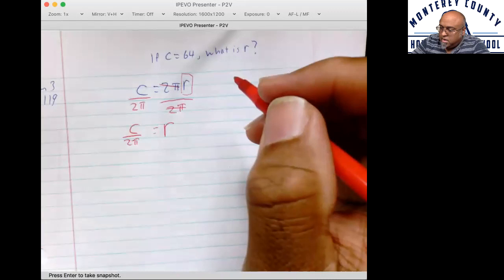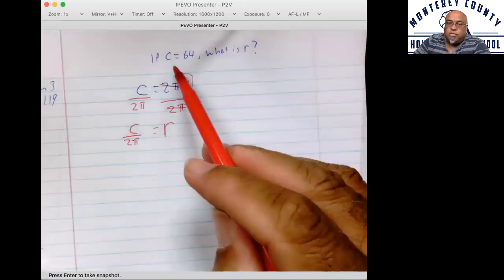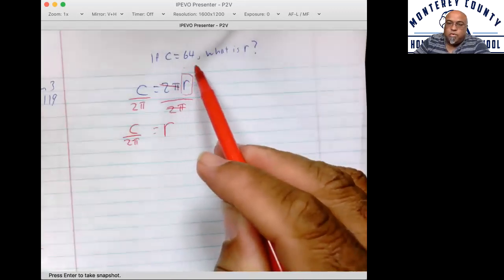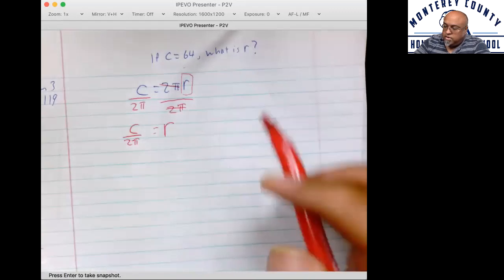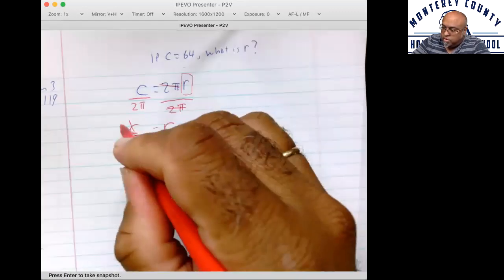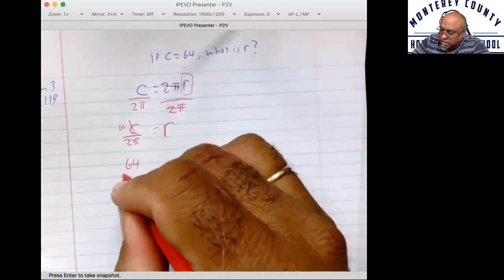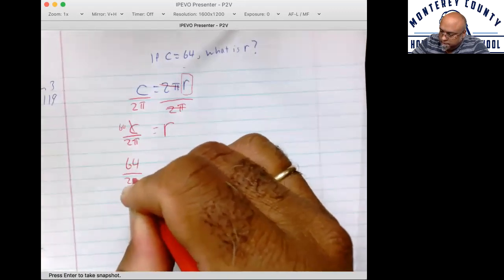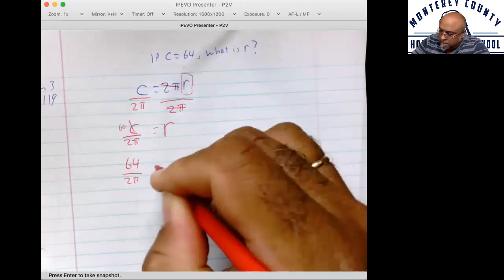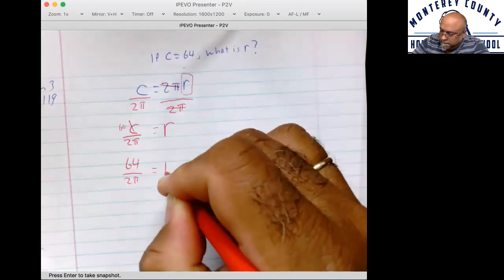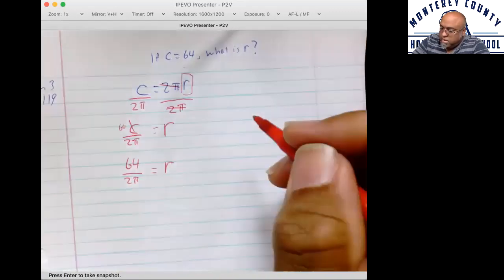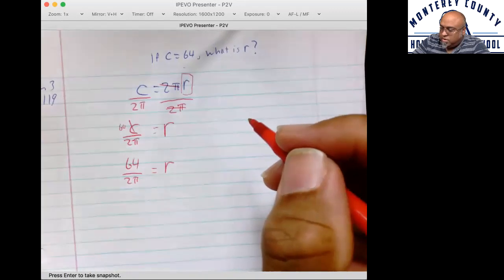Okay, now going back to my original question, if c is 64, then what is r? So I can substitute in 64. So I'm just going to rewrite it again to make it neat. Now, I can do this a couple ways.